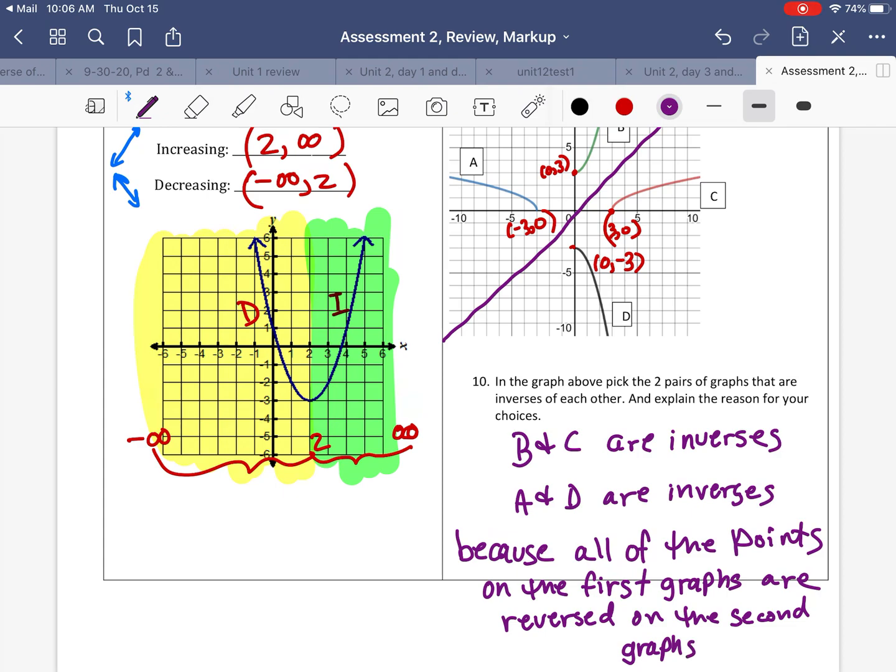All right, so basically what I'm trying to say there is all the points on B are reversed to get the graph of C. All the points on A are reversed to get the graph of D. Okay, so there's two pairs right there.